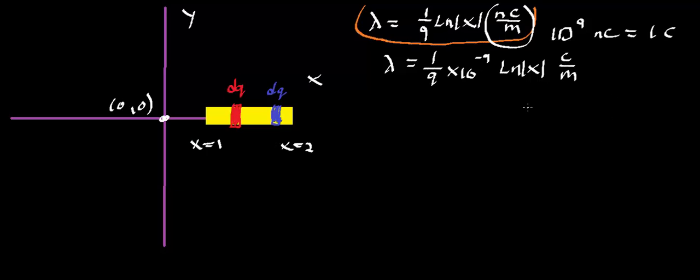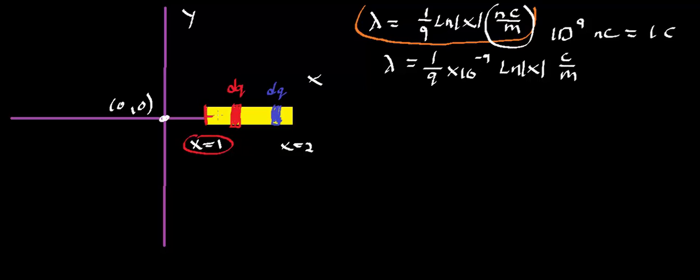Depending on the distance that a point on the rod is from the origin, there's going to be a different charge. If you were to take x equal to 1 here and plug it into the charge density formula, you'd have the natural log of 1, which is 0. So there's actually no charge density here at x equals 1.